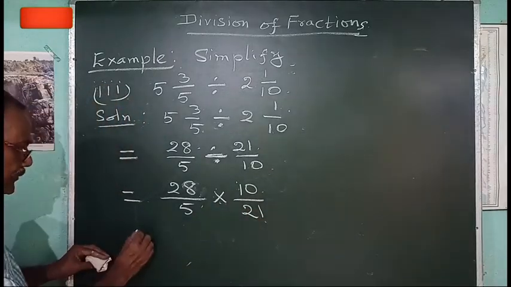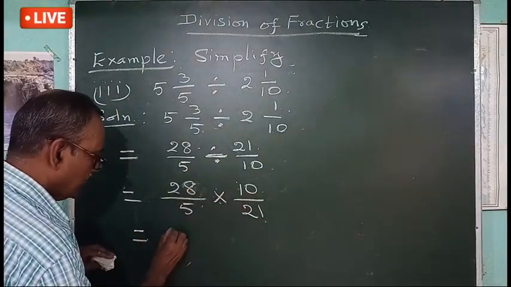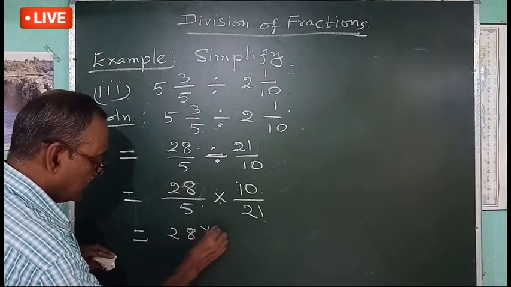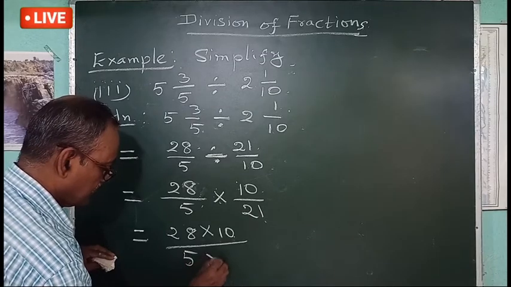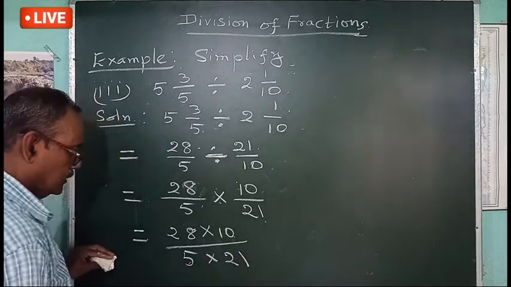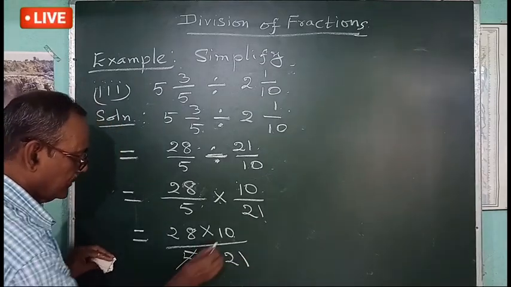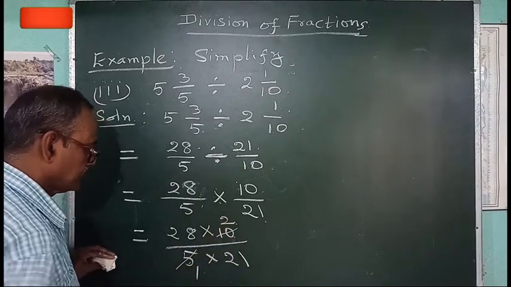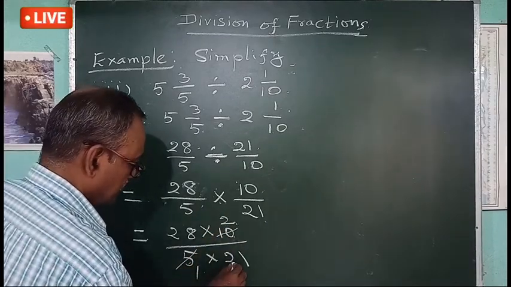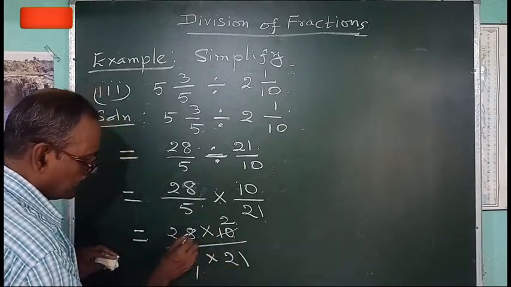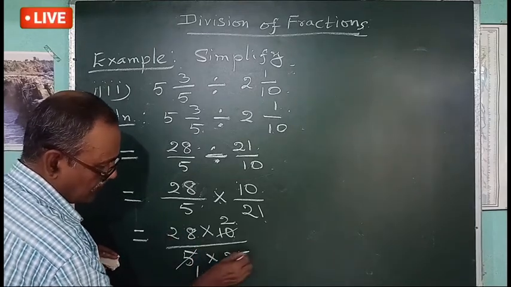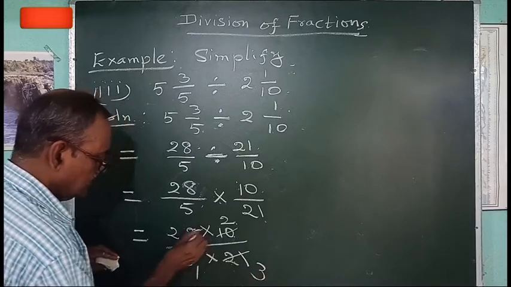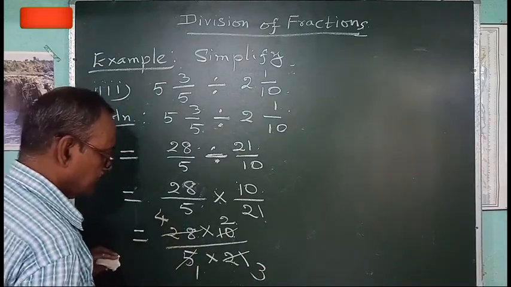Now first you multiply 28 into 10 and 5 into 21. Now cancel. 5 ones are 5, 5 twos are 10. Now by 7 you can divide both 28 as well as 21. 7 3s are 21, 7 4s are 28.